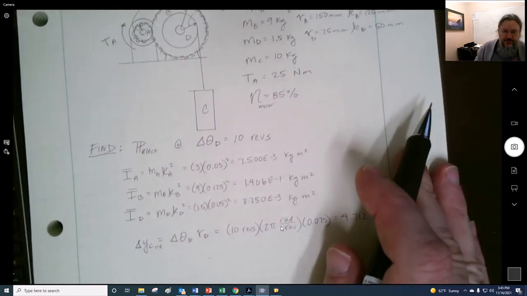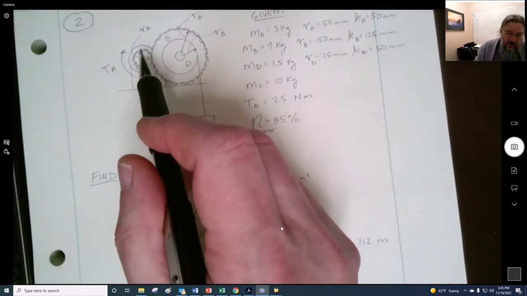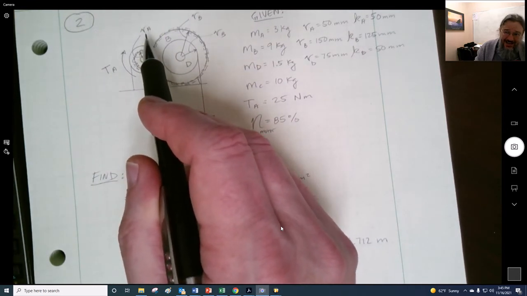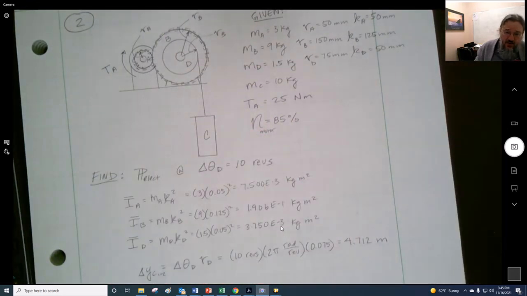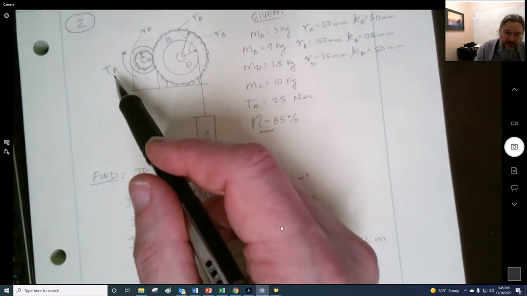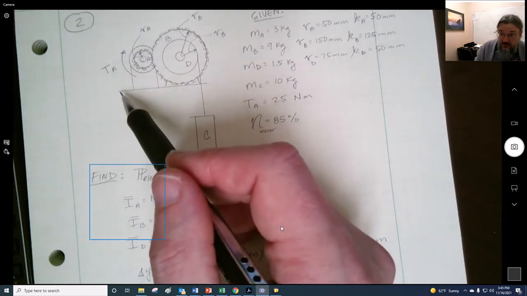Also, we want to get the omegas related. I want everything in terms of omega A, because that's the thing I'm actually going to solve for initially, because we want to get the electrical power, and we know that power is torque times angular velocity.